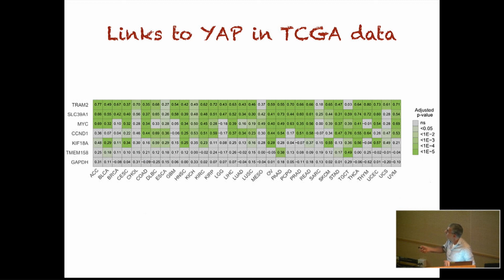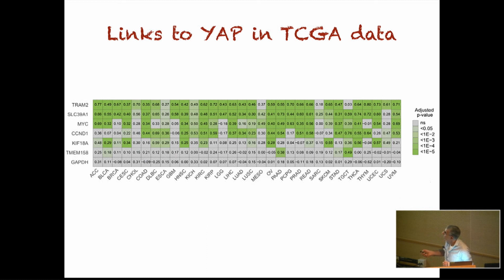There's some correlation with cyclin D1 and MYC expression. We think that these are regulated by YAP, but of course also by E2F and other factors. These are important genes. This is why they are correlated, but not so much as others, as you can see with YAP.